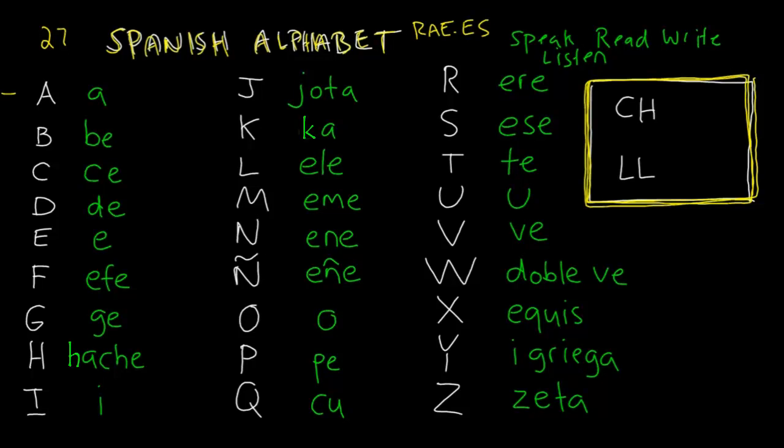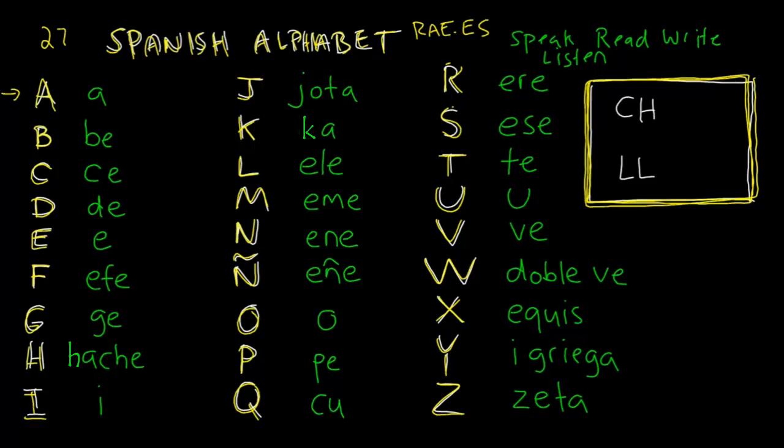So let's begin with the letter A, B, C, D, E, F, G, H, I, J, K, L, M, N, Ñ, O, P, Q, R, S, T, U, B, W, X, Y, and Z.